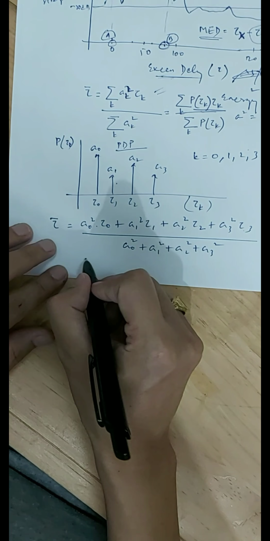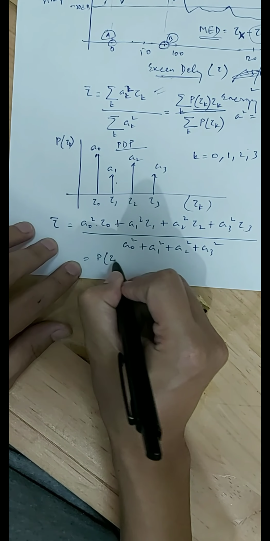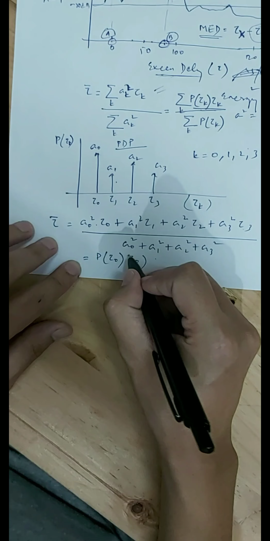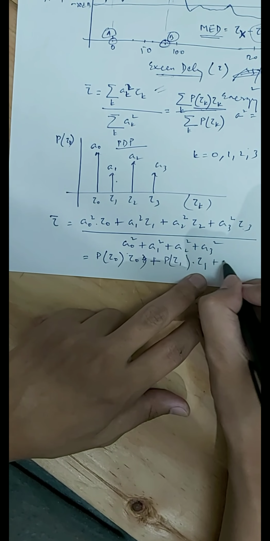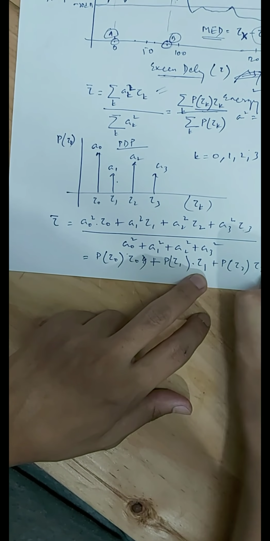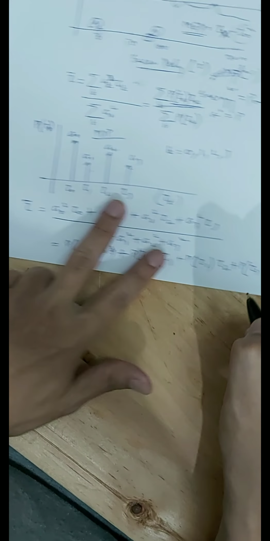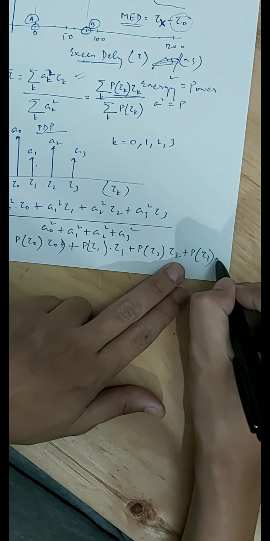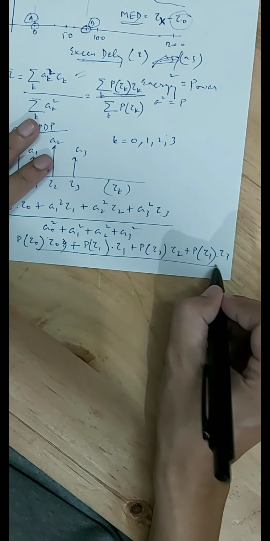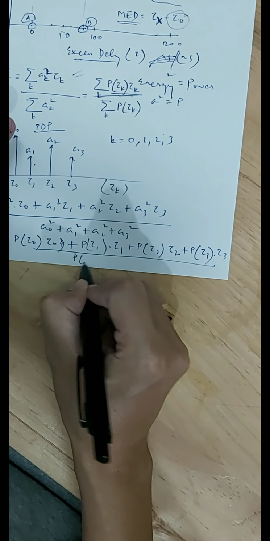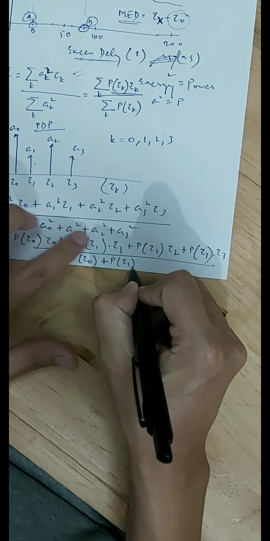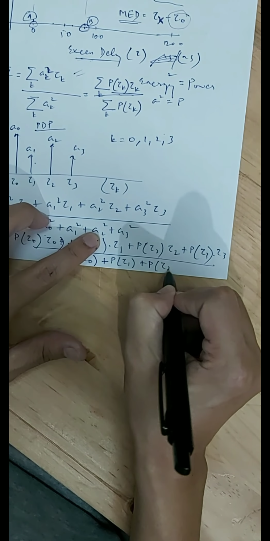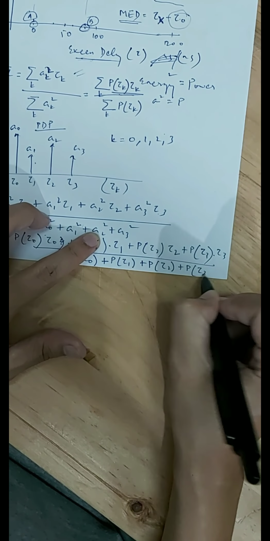So this formula I can even write as p tau 0 into tau 0 plus p tau 1 into tau 1 plus p tau 2 into tau 2 plus p tau 3 into tau 3, divided by p tau 0 plus, a1 square is p tau 1, a2 square is p tau 2, p tau 3.